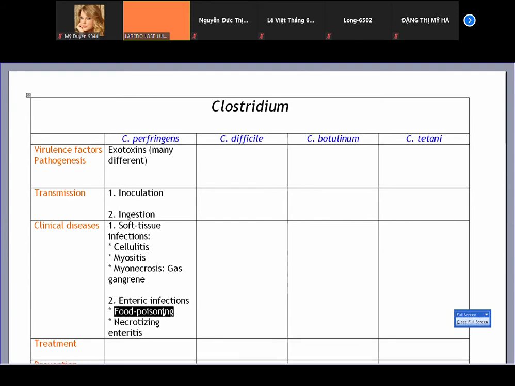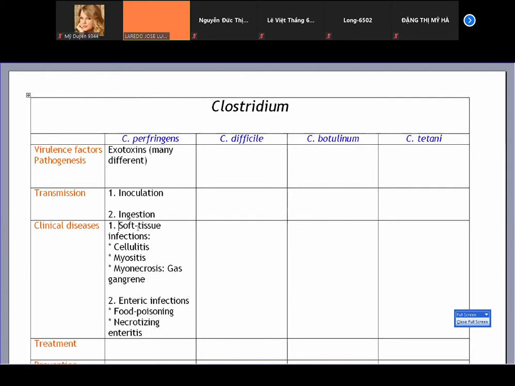The mechanism is the same as Bacillus cereus or Staphylococcus aureus. Spores of Clostridium perfringens contaminate the food. So they grow on the food, they produce toxins in the food, and you eat the food contaminated. This is food poisoning. This is usually mild. However, necrotizing enteritis is a severe infection of the intestine, okay, that you will study in the future.